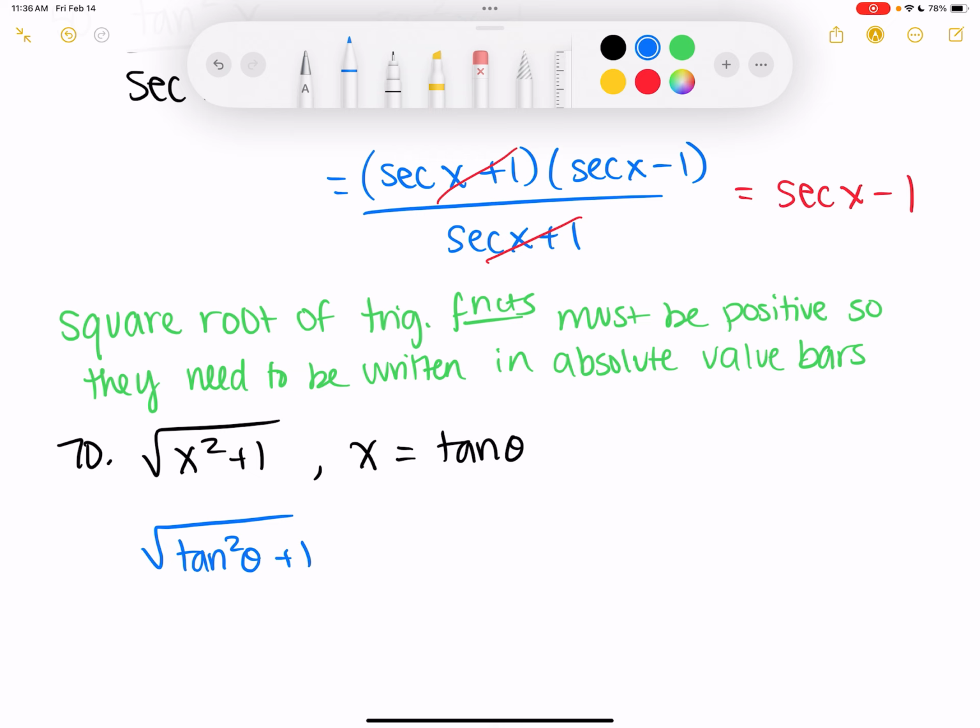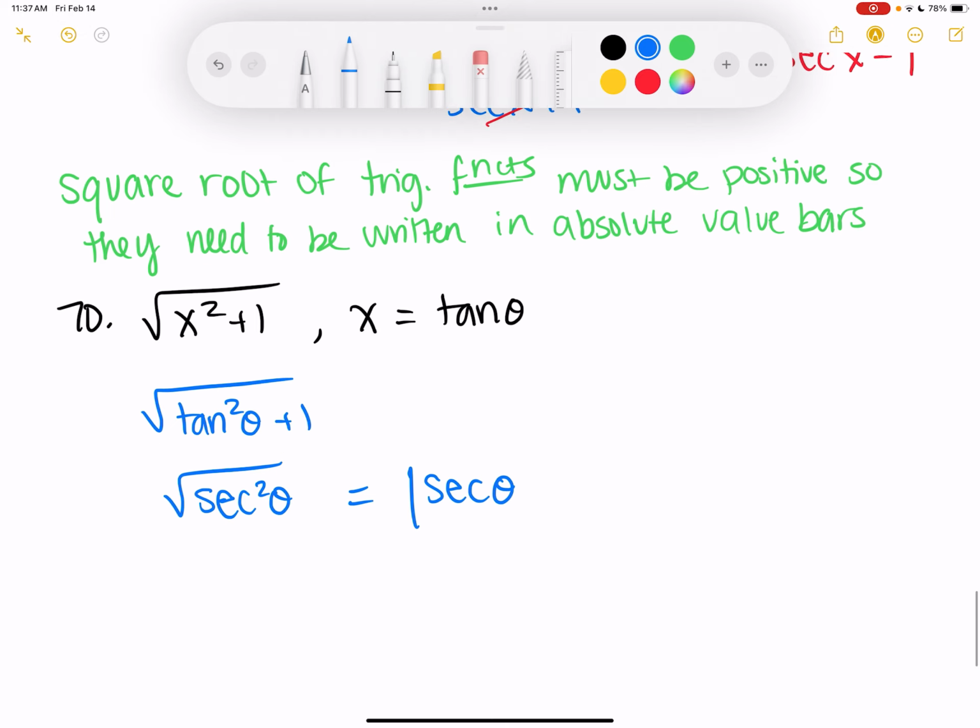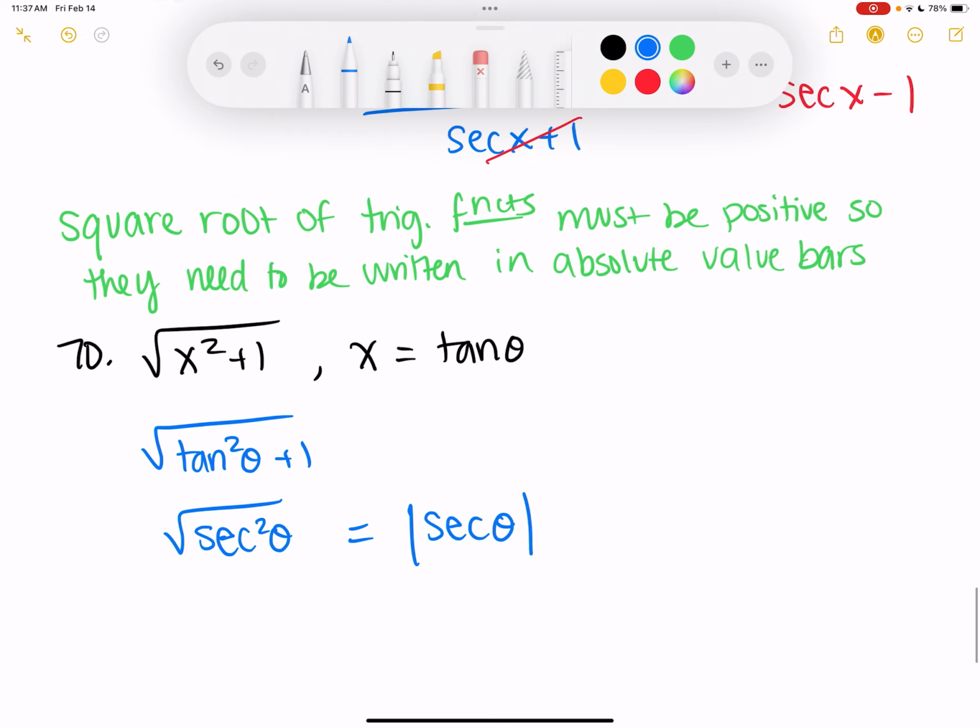What's tangent squared of theta plus 1? Secant squared. So this is now the square root of the secant squared of theta. Square root of a square is just the function itself, so this is going to be secant of theta. But it has to be positive, and when we take square roots, obviously we can have positive or negative. So I've got to put it in absolute value bars, and that's your answer.